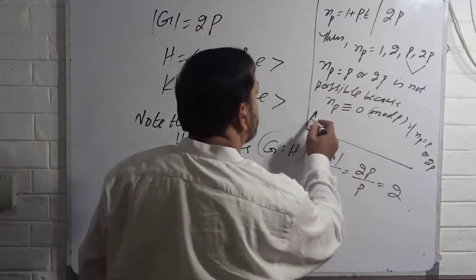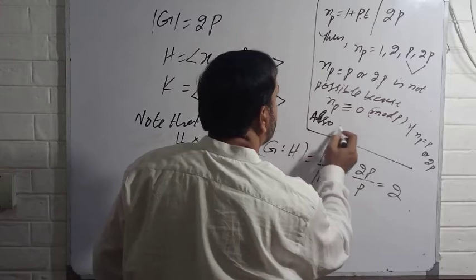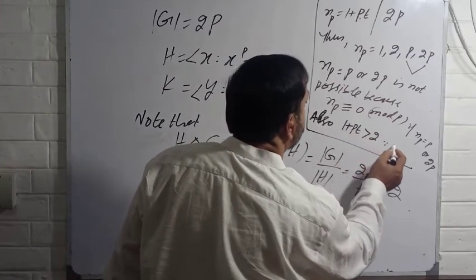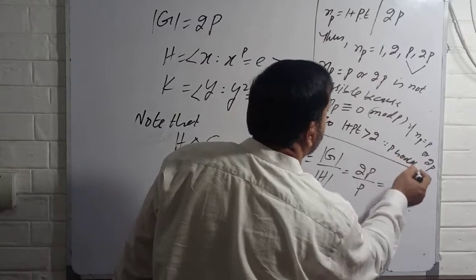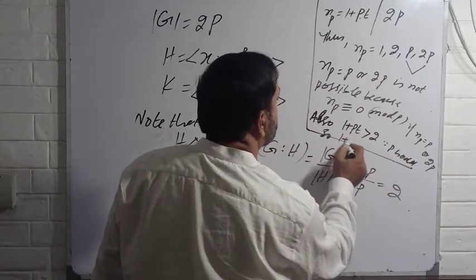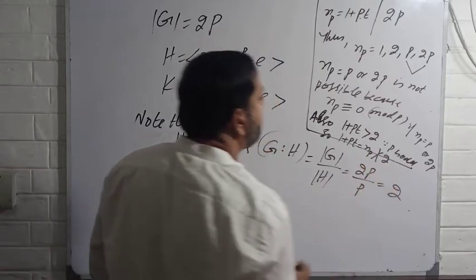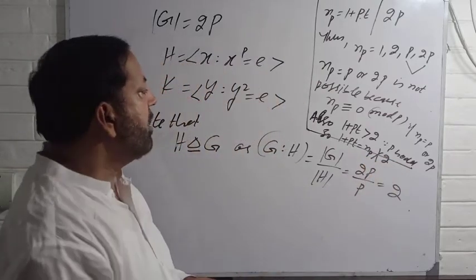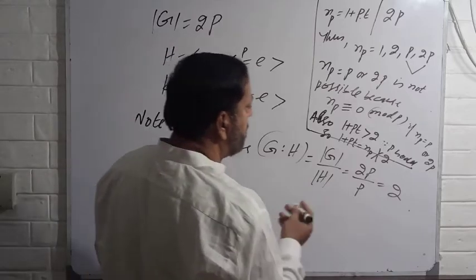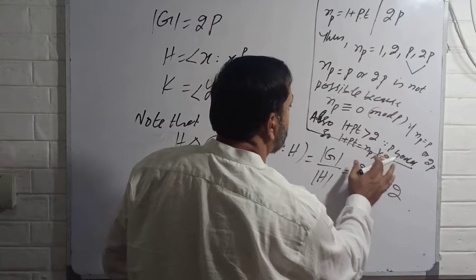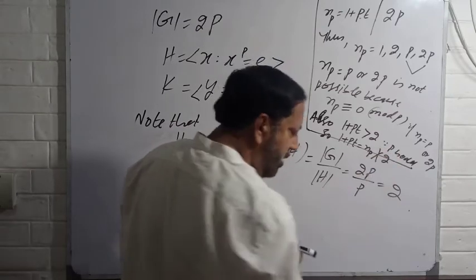Also, 1 plus pt is greater than 2 since p is odd. So 1 plus pt, which is equal to n_p, cannot divide 2.